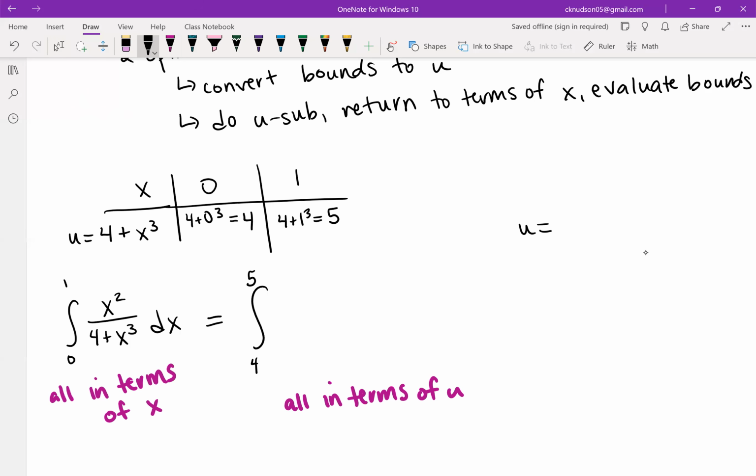So we said that we have u equals 4 plus x cubed, du over 3 is equal to x squared dx. So our denominator is replaced by u, and then x squared dx turns into du over 3. So we have 1/3 du.